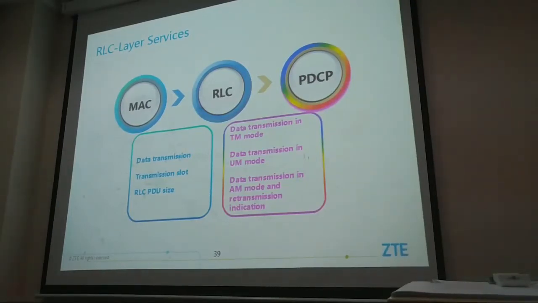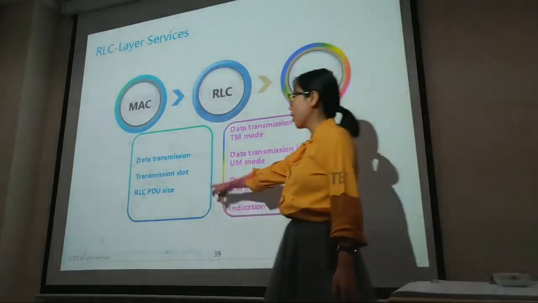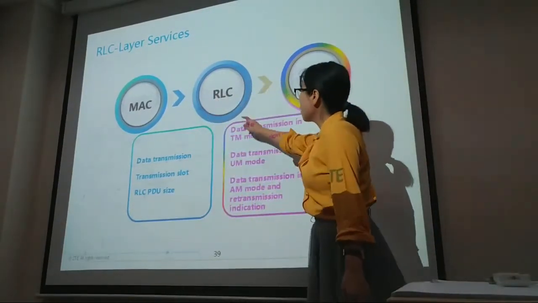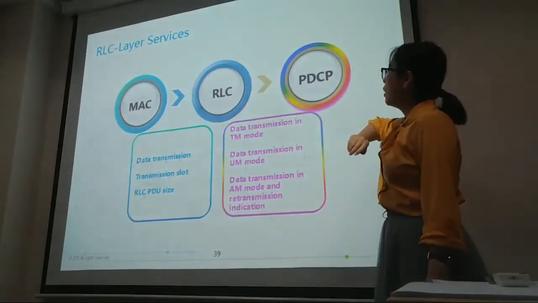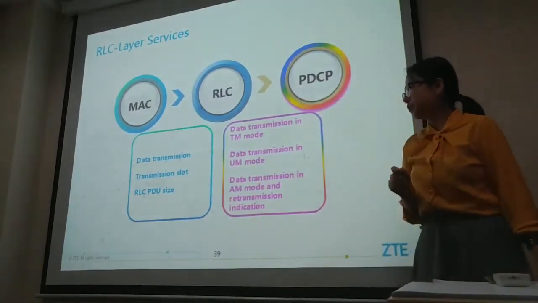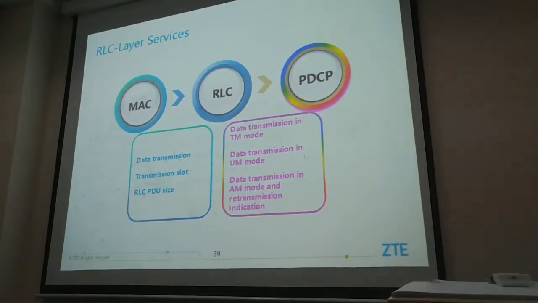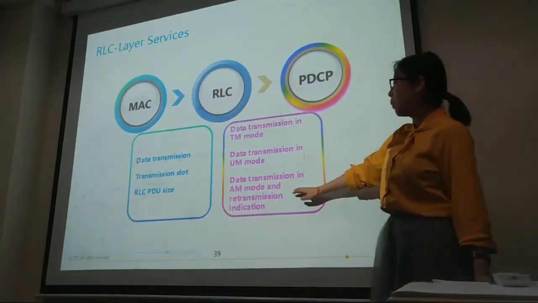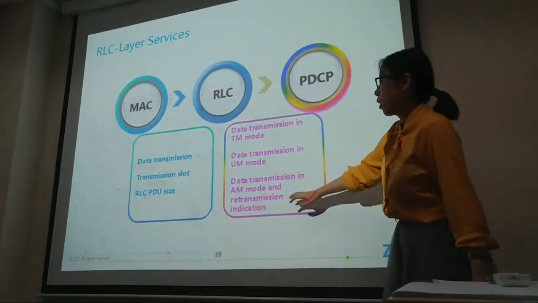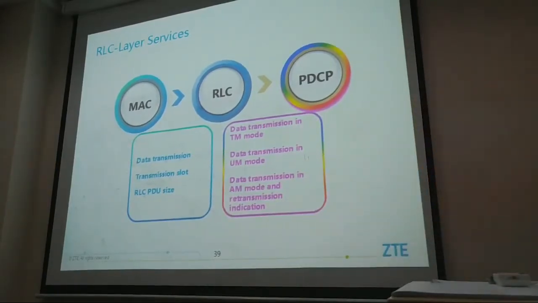The RLC will, according to the PDU size, decide whether to segment or concatenate. The RLC layer will transmit the data to the PDCP, and it should also guarantee that if you use the AM mode or the UM mode, the sequence number is right.